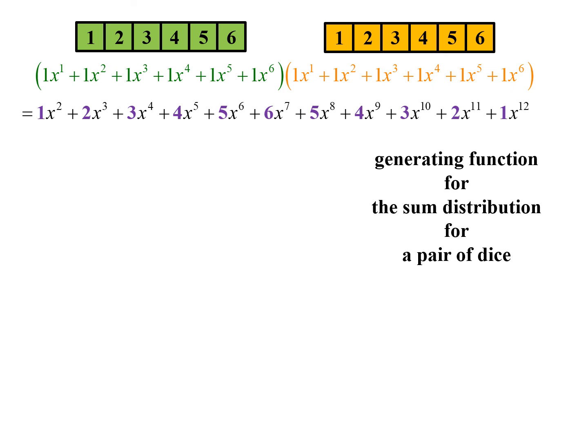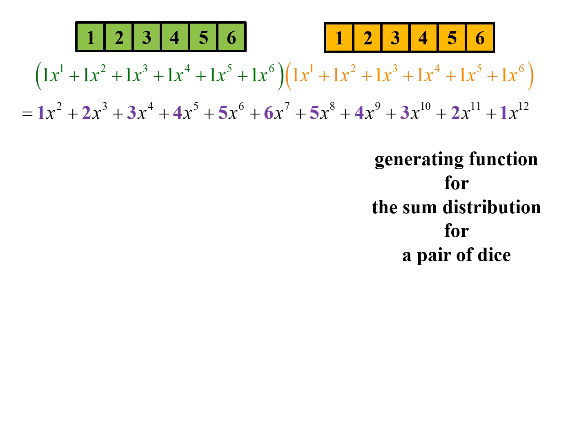Notice the coefficients. 1, 2, 3, 4, 5, 6, 5, 4, 3, 2, 1. This is the sum distribution for two standard dice. This polynomial is the generating function for two standard dice, and it is also the generating function for the Sicherman dice. Let's do some algebra to verify this.